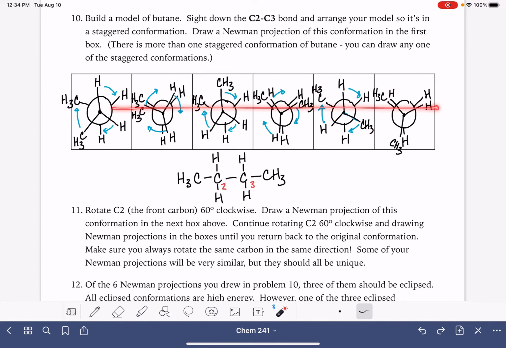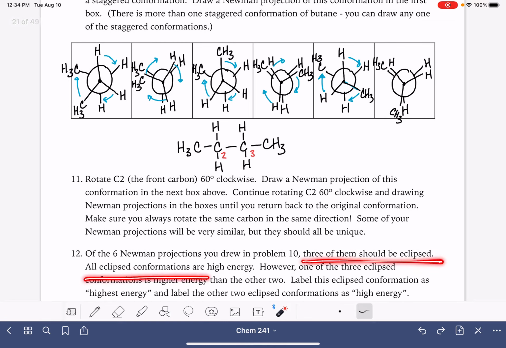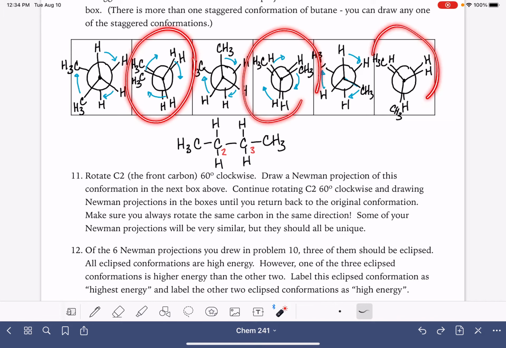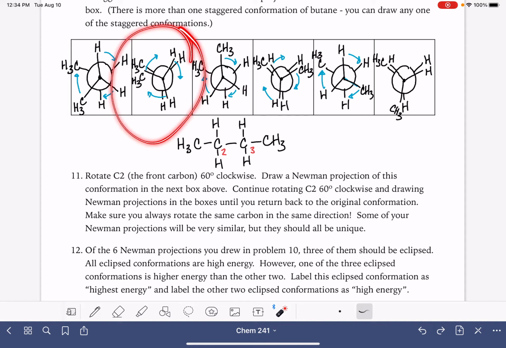Of all 6 of these that we drew, 3 of them are eclipsed, and they all are high energy because they are eclipsed, but one of those 3 is higher energy than the other. Looking at our eclipsed conformations, which are here, here, and here, they're all high energy, but of these, one is absolutely the worst, and that's this one right here, because in this eclipsed conformation, we have methyls eclipsing methyls.